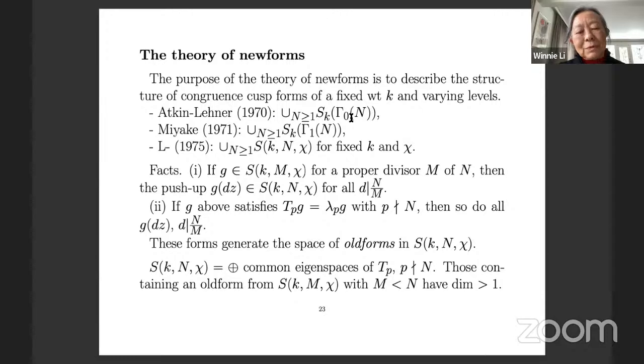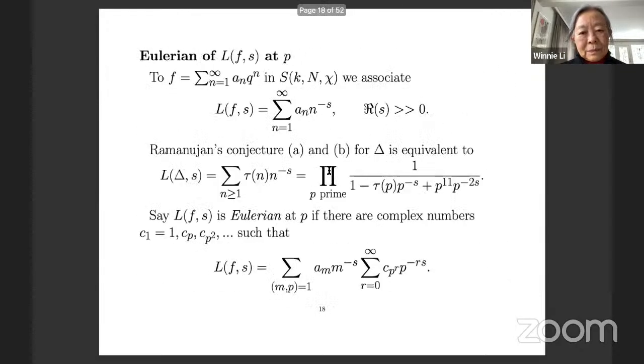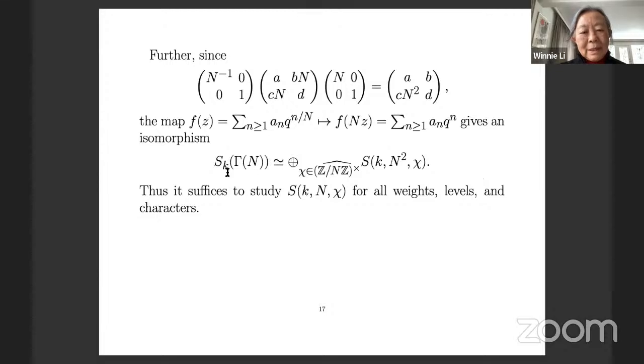The theory will not work. What I figured out is that, in view of the remark I made earlier, the modular forms for Γ(N) are really obtained by putting together modular forms of level N² and a suitable character χ.